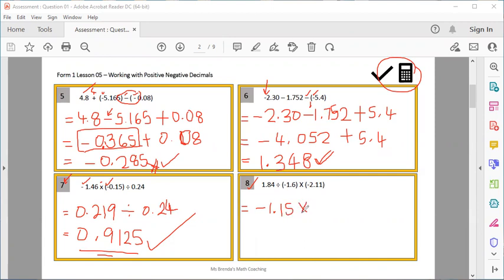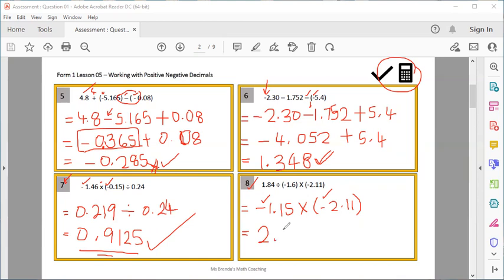Now, of course, multiply it with negative 2.11. Again, in your calculator, you don't have to bother with the negative and positive now. In your mind, negative times negative is going to give you a positive. So you only work out 1.15 times 2.11. And what do you get?